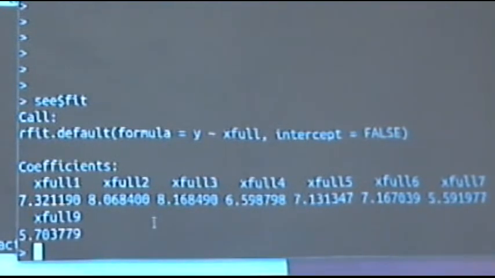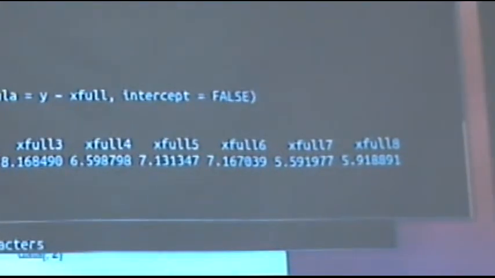Write it down. 5.5, 5.9, 5.6. Isn't 5.5 wrong then? Isn't that wrong? Yes, 7.3.